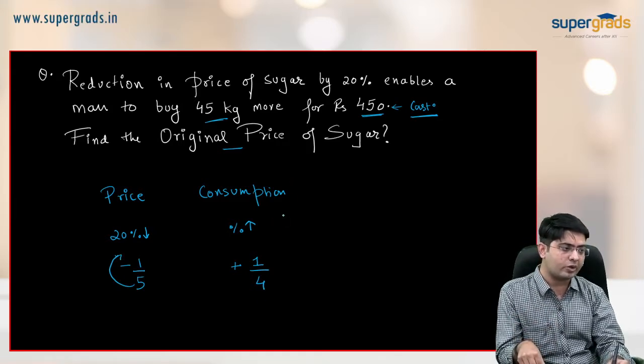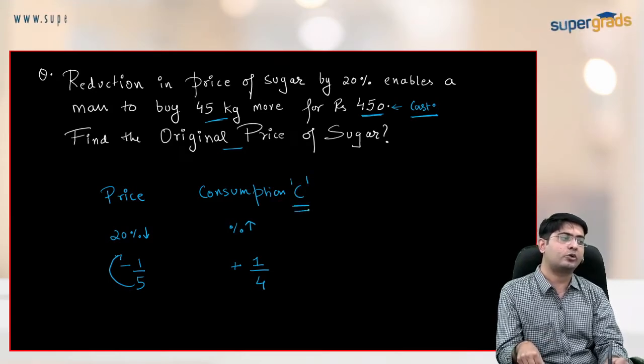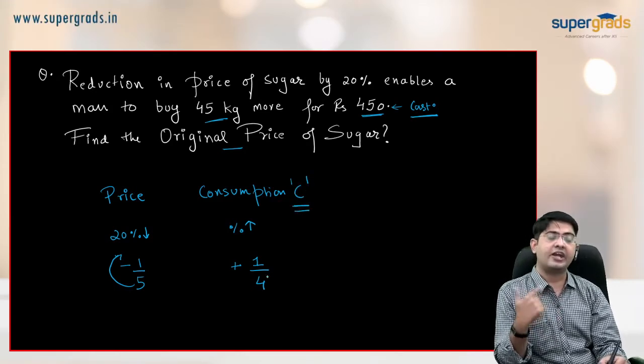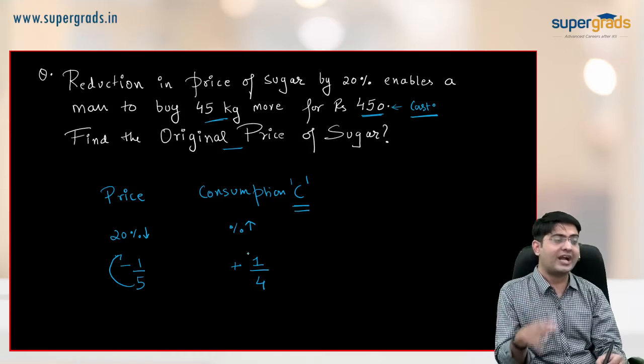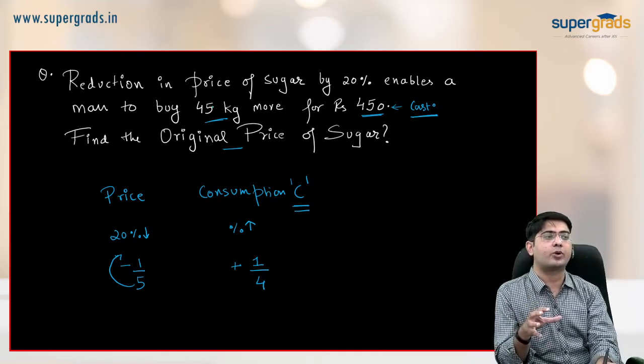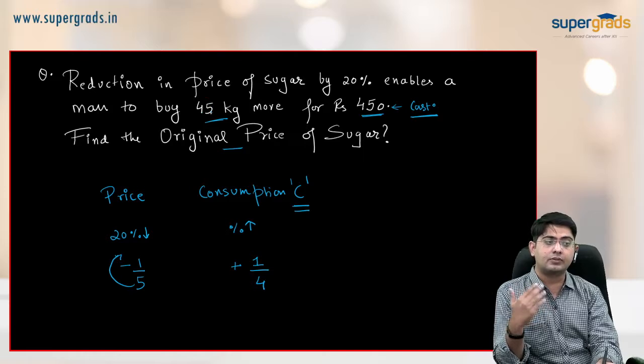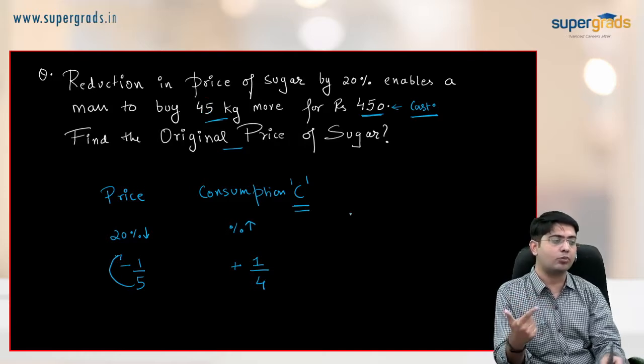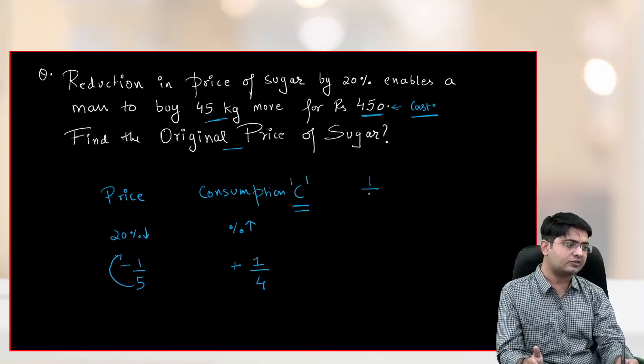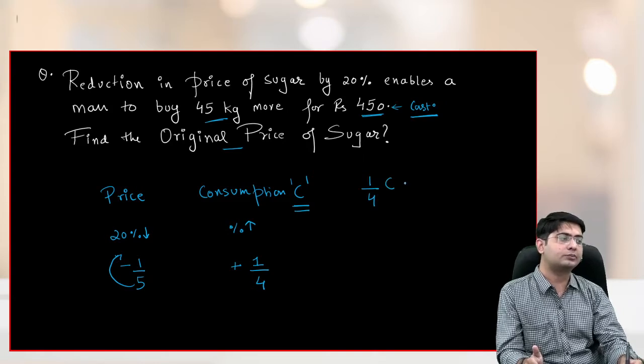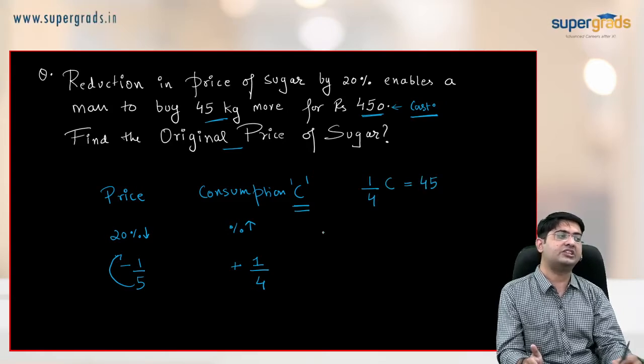Let's say the original consumption was C, it will increase by 1/4, and that 1/4 is given in the problem as 45 kg. So this 1/4 of the original consumption is 45 kg.